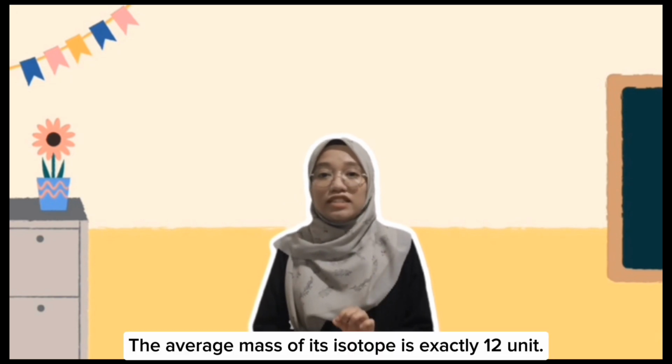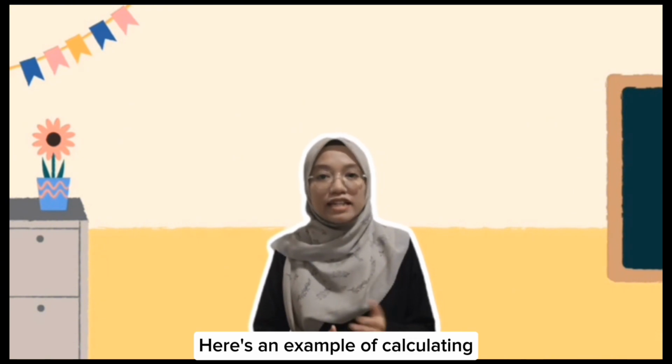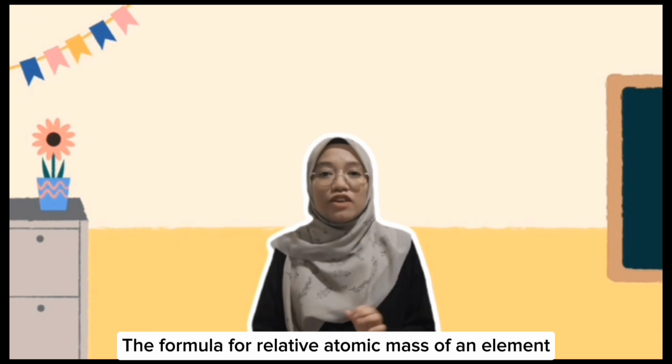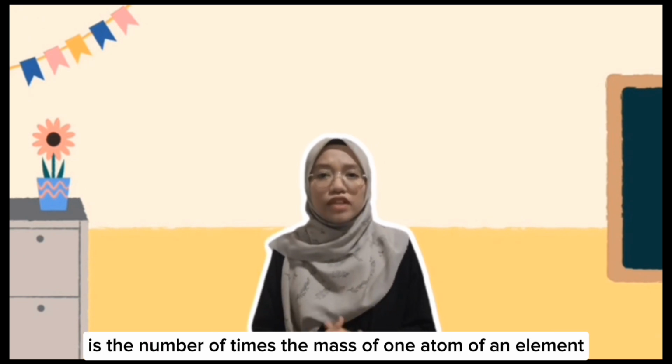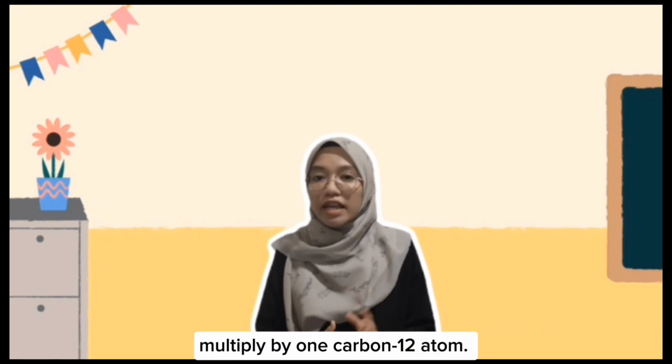The average mass of each isotope is exactly 12 units. Here's an example of calculating the relative molecular mass of a substance. The formula for relative atomic mass of an element is the number of times the mass of one atom of an element is heavier than 1/12 multiplied by one carbon-12 atom.